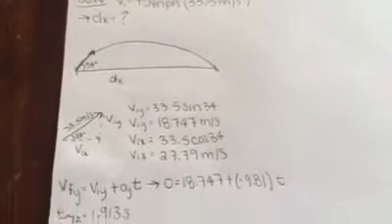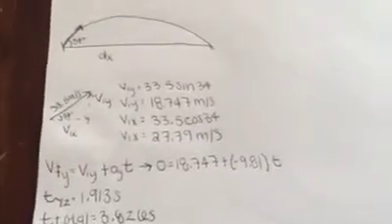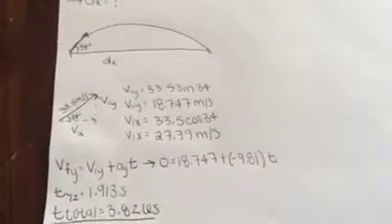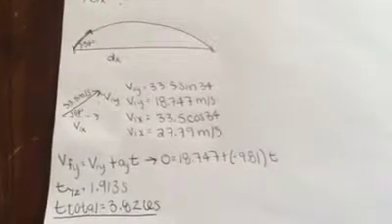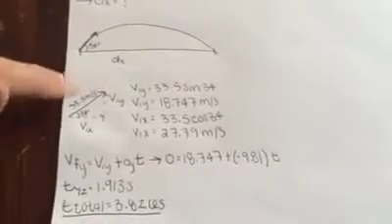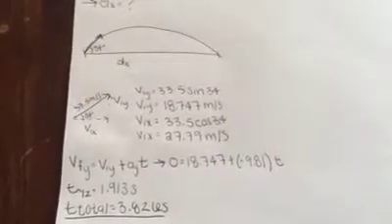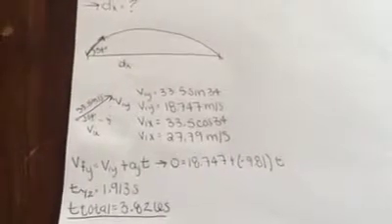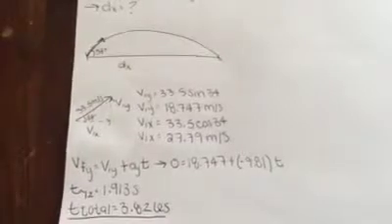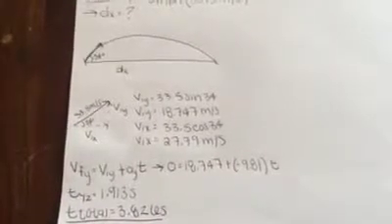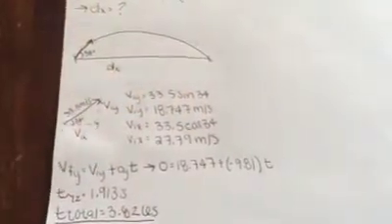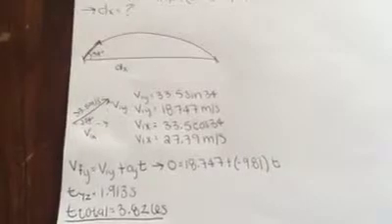So Lauren really went into a lot of the explanations, so I'm not going to get into that again, but you can see how again we broke down the initial velocity here into the Y and X components, finding an initial velocity in the Y direction of 18.75 meters per second and an initial velocity in the X direction of 27.79 meters per second.